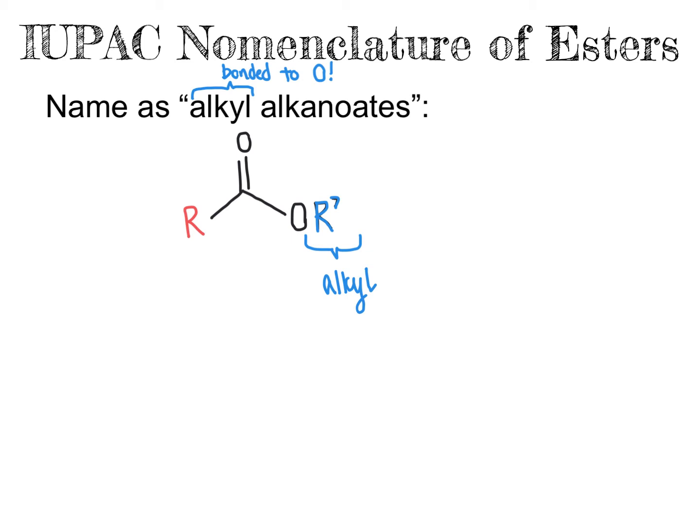The R group here that forms the name alkanoate is going to refer to the carbon chain of the R group or carbon ring or whatever structure we're dealing with there, along with the carbonyl group. So everything I'm showing in red here will correspond to the alkanoate name. So the alkanoate part of the name corresponds to the carbonyl group and whatever the structure of that R group is that's directly bonded to. I'm going to put a squiggly line over here to indicate it connects to something else, specifically that oxygen of the ester group.